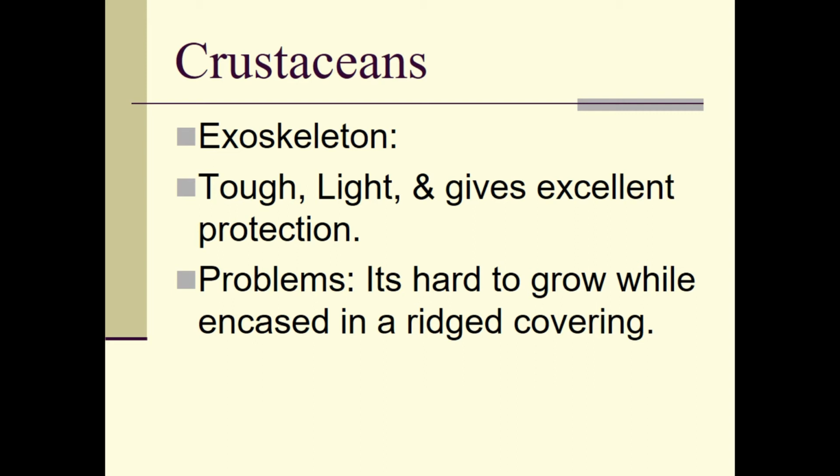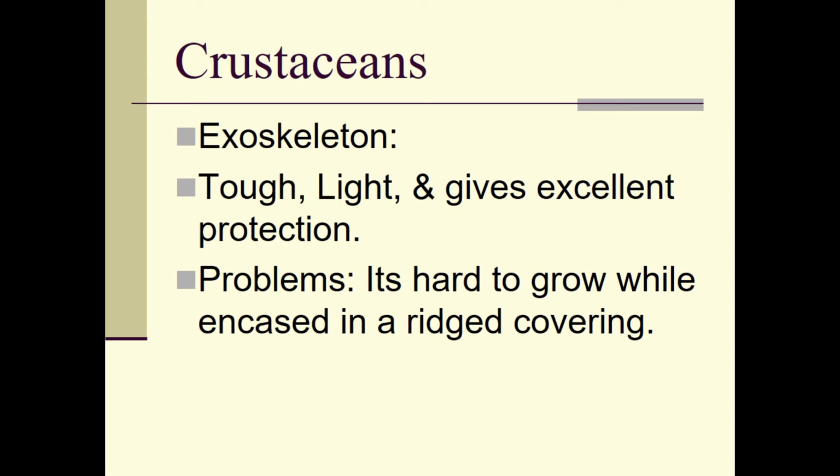So crayfish and crabs and lobsters and all other crustaceans will molt periodically, and when it's time to grow, they'll crawl out of their old rigid exoskeleton. Their new one will be soft and pliable, and that way they can expand their bodies to get that new exoskeleton to fit. After a couple of days, when it hardens up, they've got a newer, larger, tougher exoskeleton.